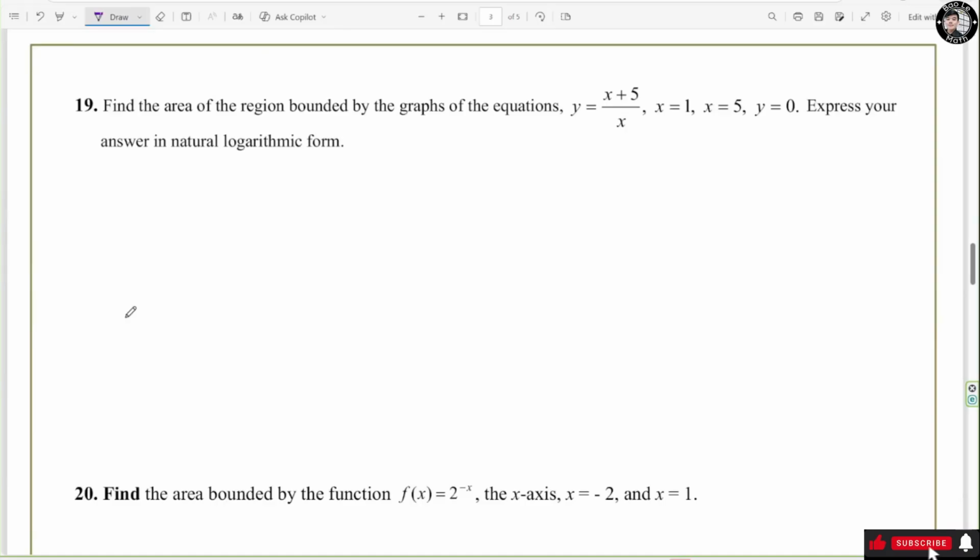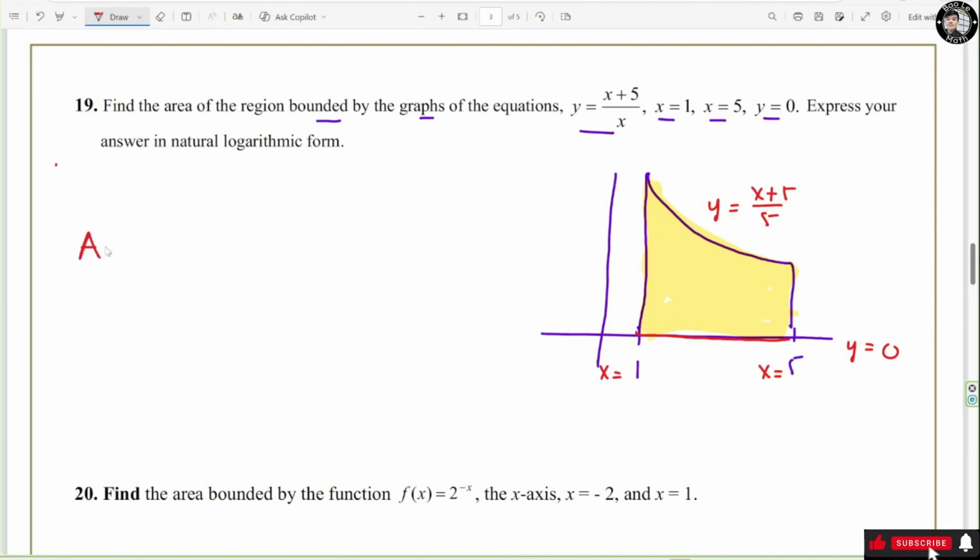Now question 19. Find the area of the region bounded by the graphs of the equation y equals s plus 5 over s, s equals 1, s equals 5, and y equals 0. So we're going to graph this one. It's actually something like this.